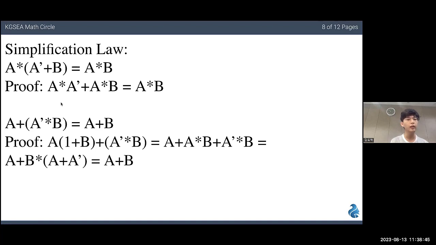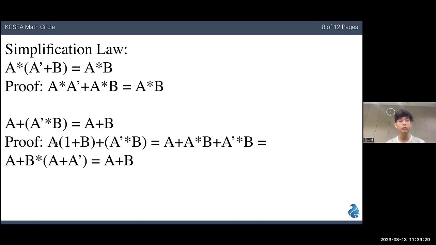The next one is that A or the quantity (not A and B) is equal to A or B. This can be proven by first using the absorption law of A and the quantity (1 or B), as it will always return 1, or (not A and B).